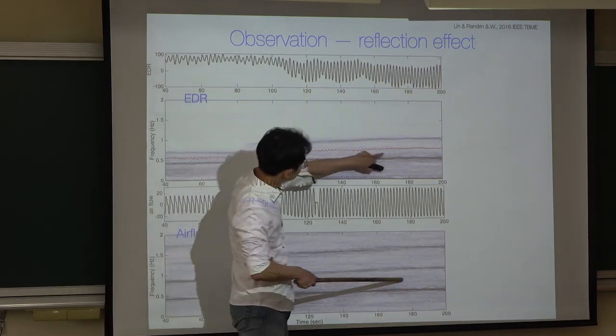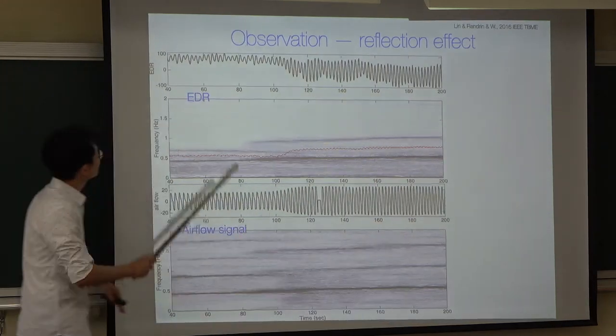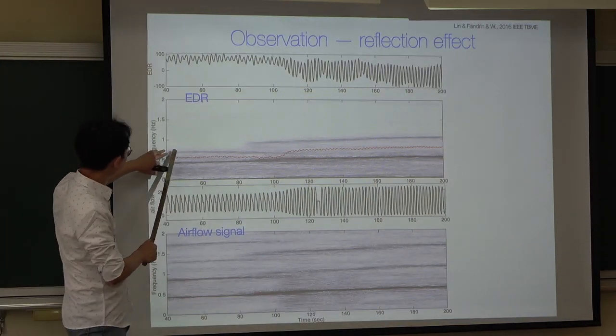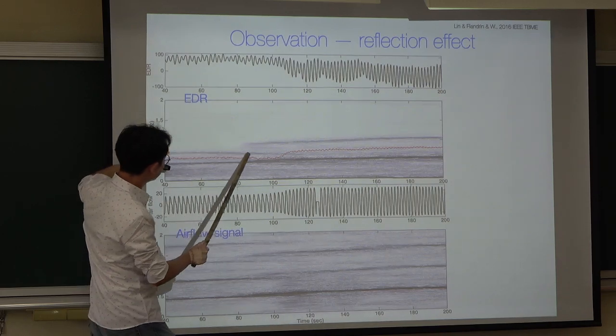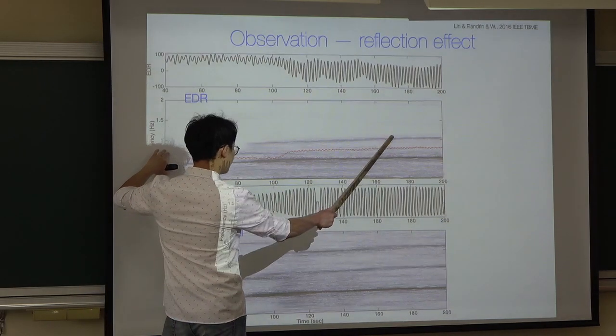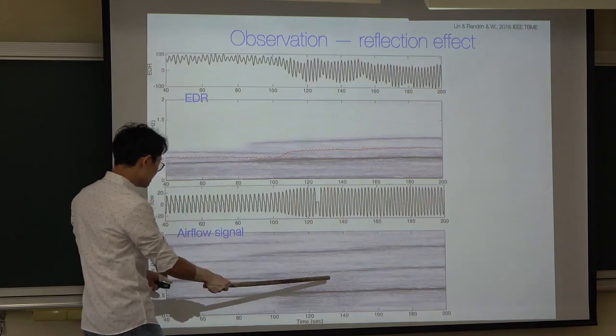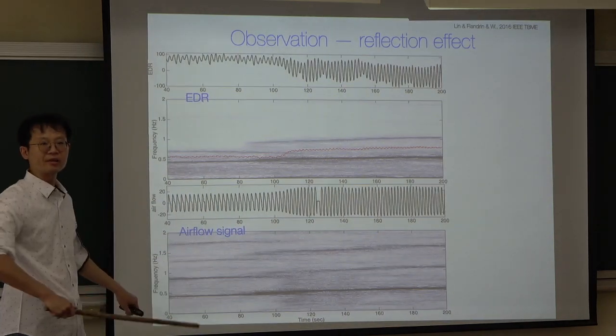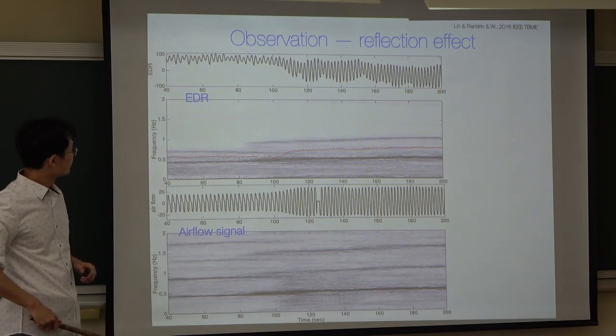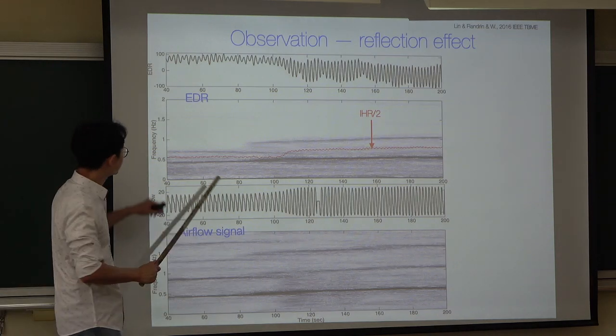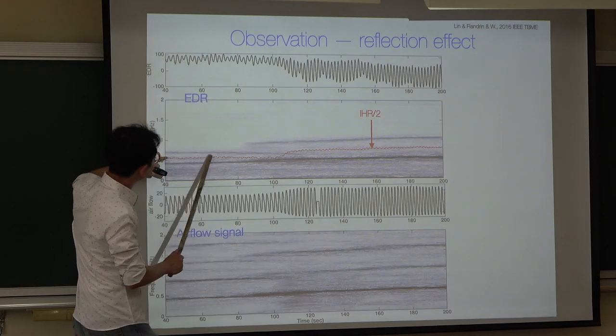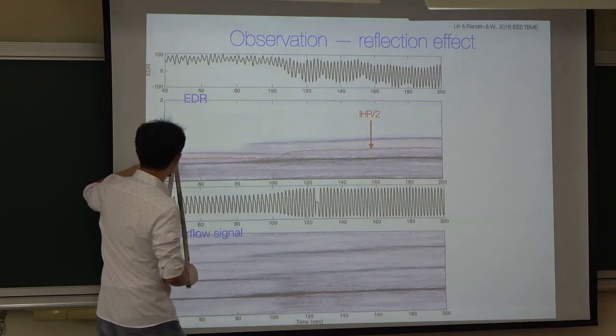Very good. So this is the fundamental component. But in the EDR, you see something slightly weird. There seems to be another component, right? But this component doesn't seem to fit anything in the airflow. Moreover, I put a red dash in between. What is this red dash?